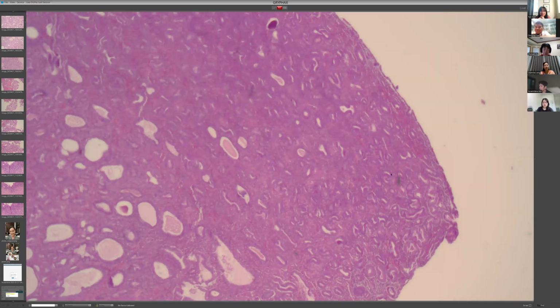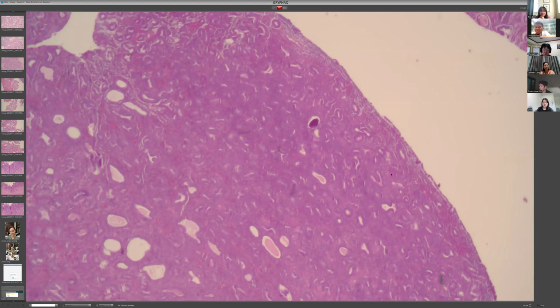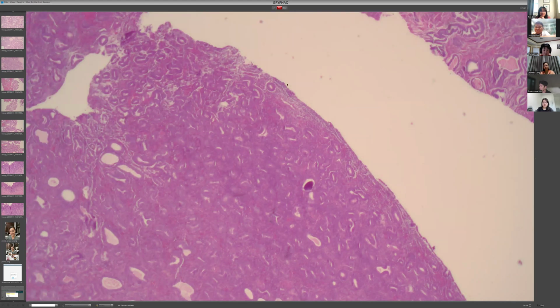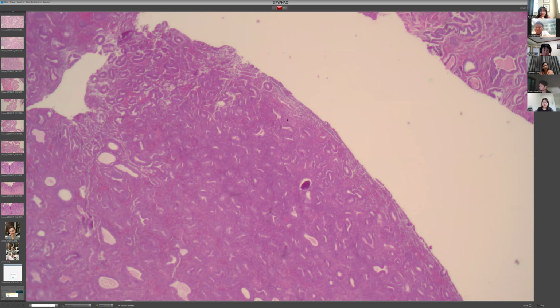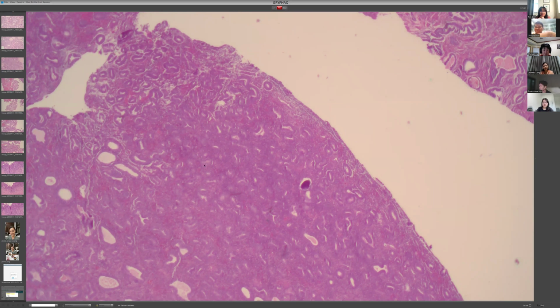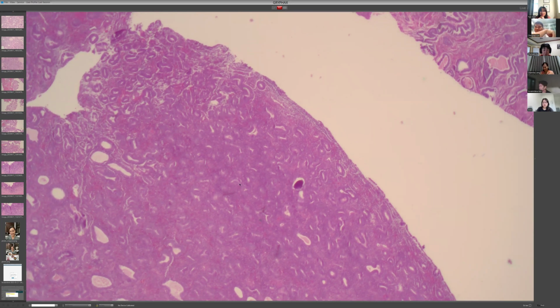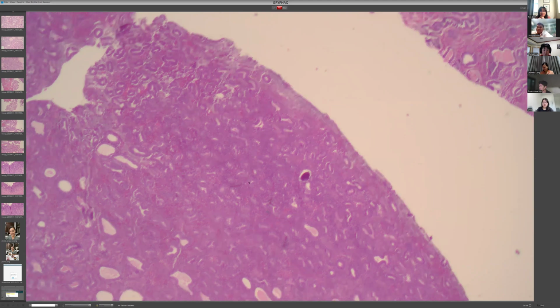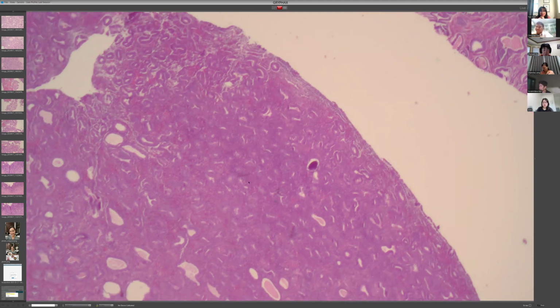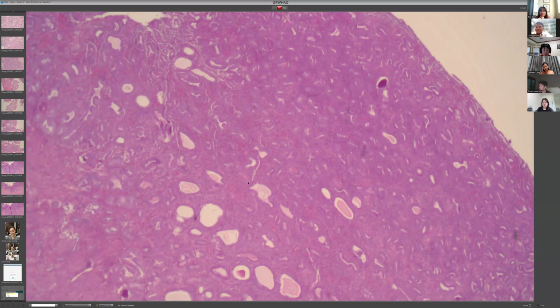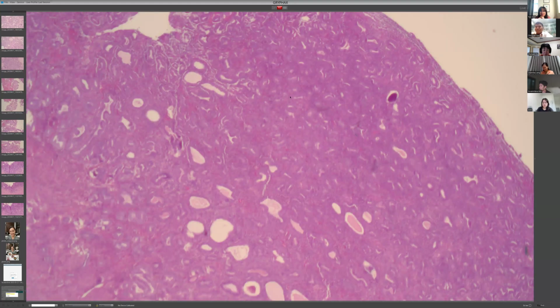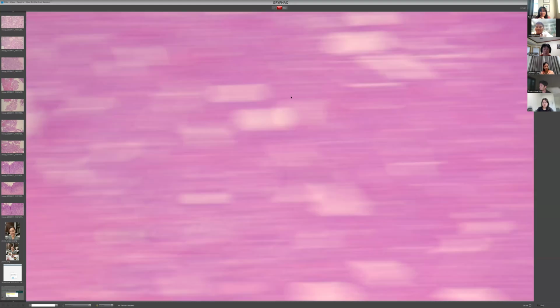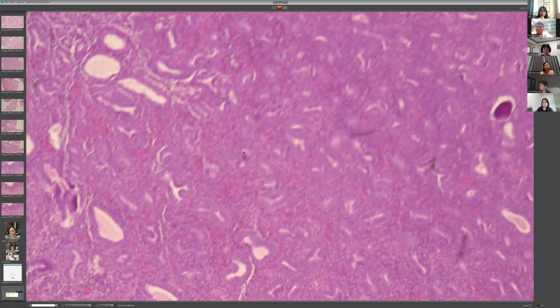Here's more. This is at the surface here. You shouldn't have this many rounded glands on the surface if you're normal. You can see concentrated glands in this field here.